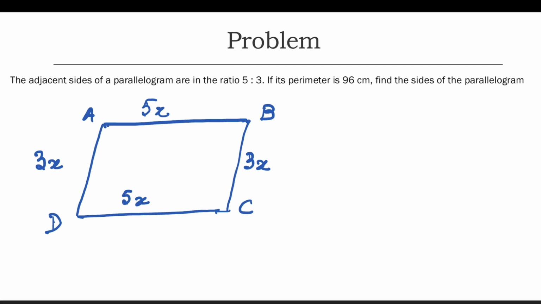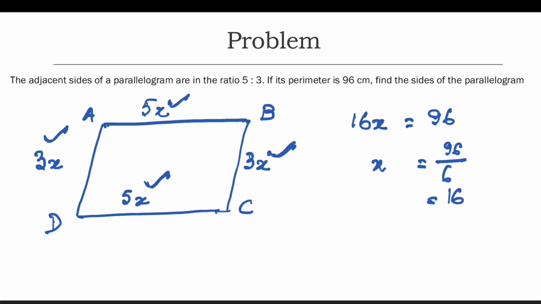So what would be the perimeter of this parallelogram? 5x plus 3x, 8x, plus 5x, 13x, plus 3x, 16x. So 16x is the perimeter of this parallelogram, and that is given as 96 centimeter. Then x is equal to 96 by 6, which is nothing but 16. So this side would be 80, this side would be 3 into 16, 48, and this is again 80, this is 48. So again a relatively easy one.